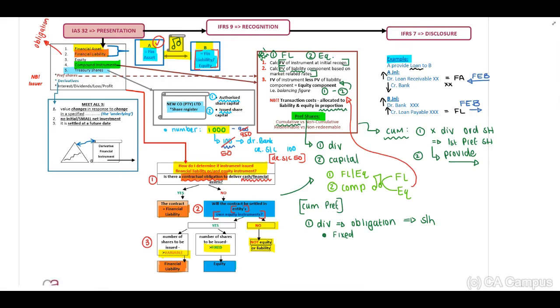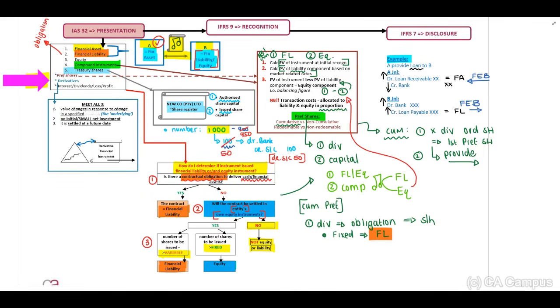Therefore, substance over legal form, this portion shall be recognized as a financial liability because the entity has an obligation to pay the shareholders, even if this is based on a fixed number of shares on a fixed percentage. Then I want to indicate to you, when you need to determine if a financial instrument is an asset, liability, equity, you always need to look at this from the issuer's perspective.